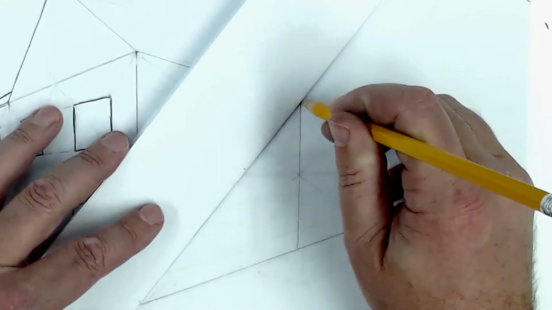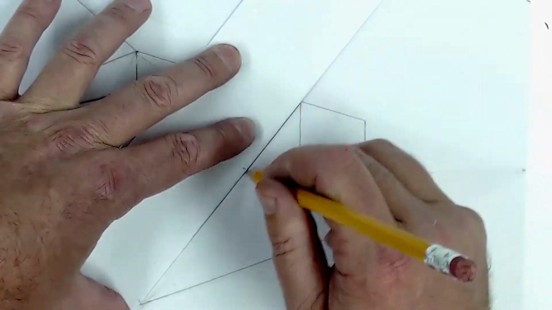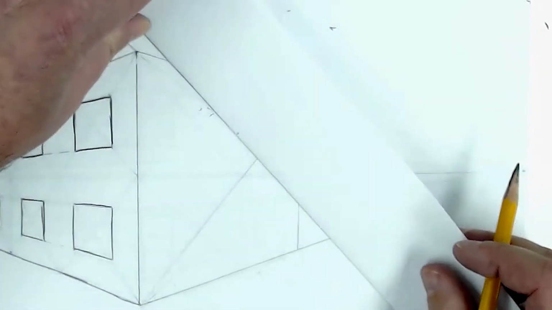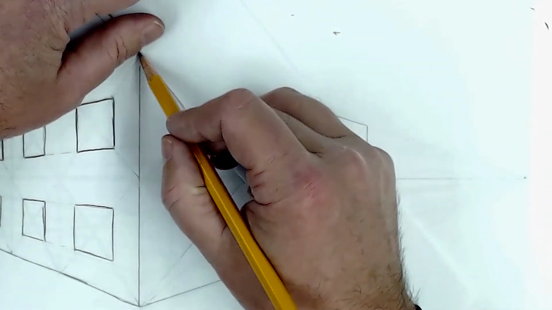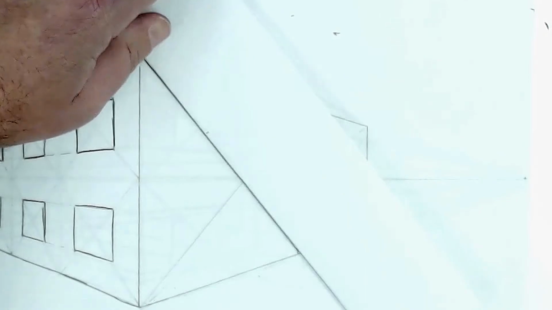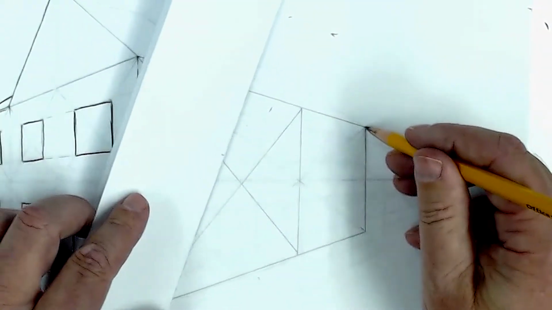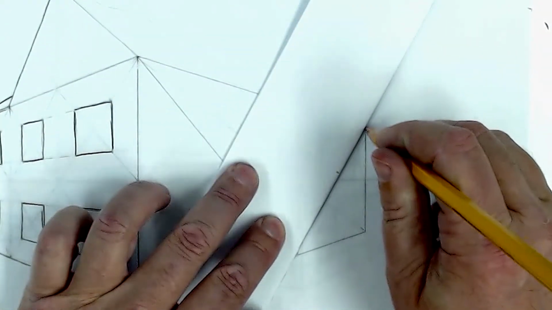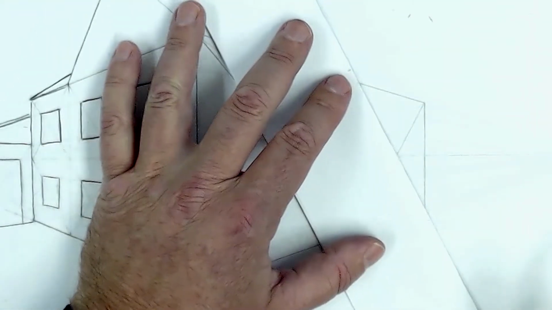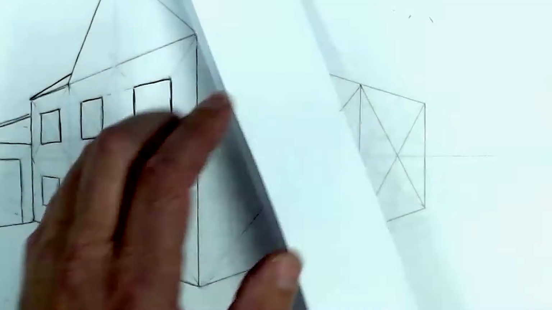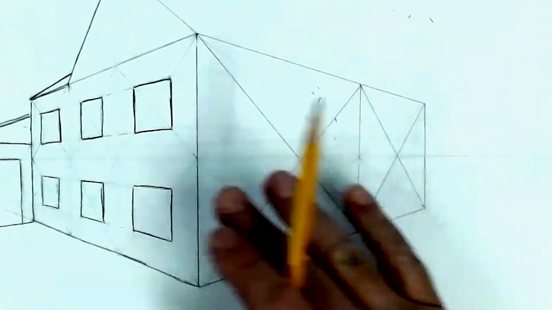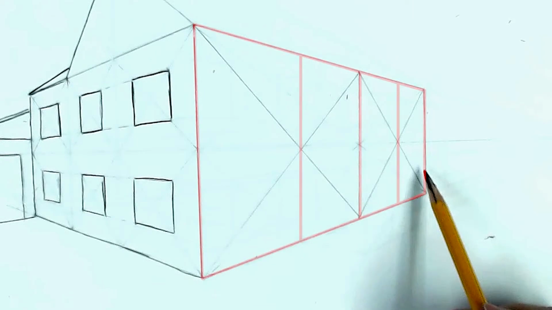So I'll just draw that here and here and here to here. Okay, so now those are both just divided in half.